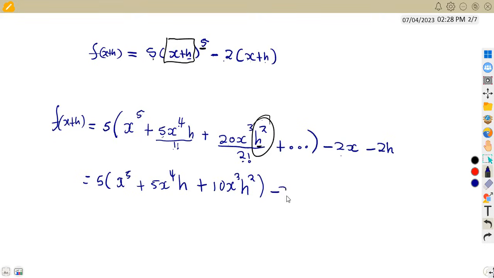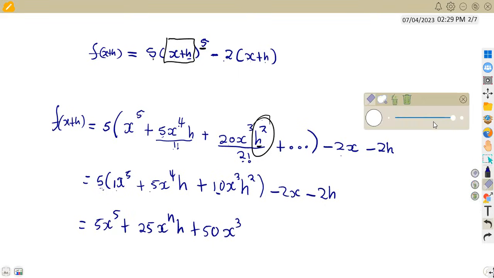Then we've got minus 2x minus 2h. All right, expand this part: 5 times the first, this is same as 1, so it's 5 times 1, which is 5x to the exponent of 5. 5 and 5 is going to give us 25x to the exponent of 4, h, that is h in this case, so we've got h here, plus 5 times this 10, which is going to be 50, so we've got 50x to the exponent of 3, this is to the exponent of 4.